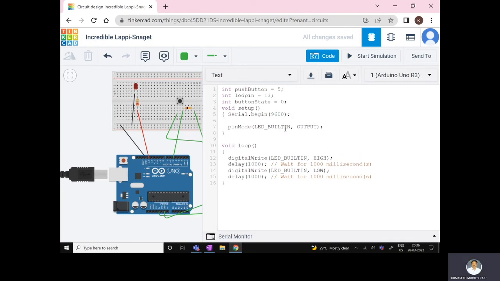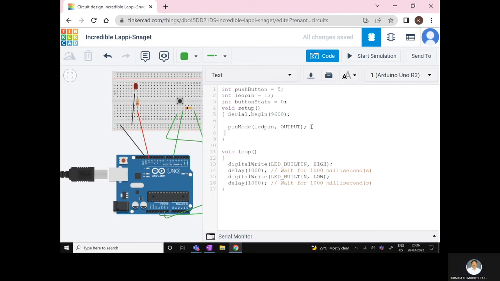Here pin mode. LED pin declared here. That means output pin.